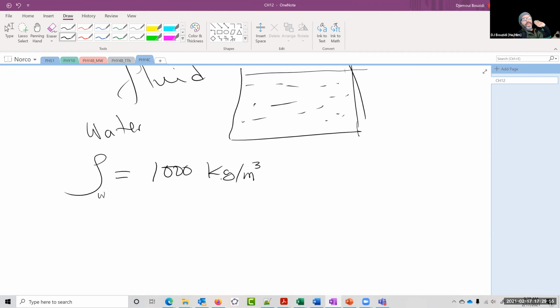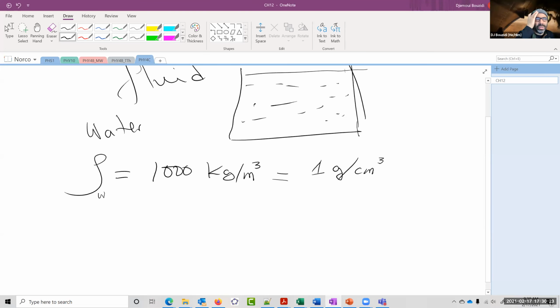Think of it this way and then that way. That is basically what a cubic meter is. You have about 1,000 metric ton of this, okay? And if you do the conversion correctly, there is 1,000 grams in a kilogram. There is 100 centimeters in a meter. So if you do the conversion correctly, you find that this is an easy number to remember. It's 1 gram per cubic centimeter.